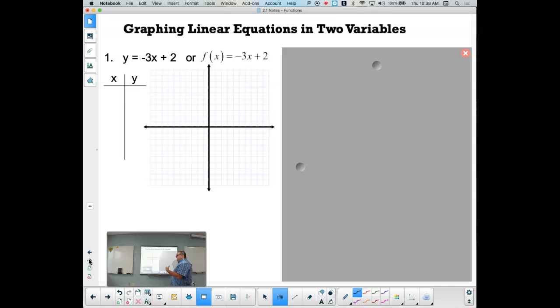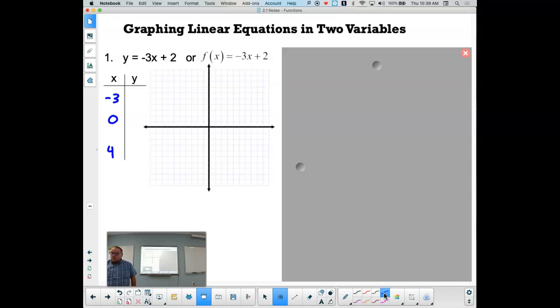So if I wanted to do it, I will actually represent this in all 3 methods. Okay? So my first method would be I need to pick some x values. So I'm going to pick a negative number like -3. I probably want to pick 0. And I want to pick a positive number like +4. Okay?